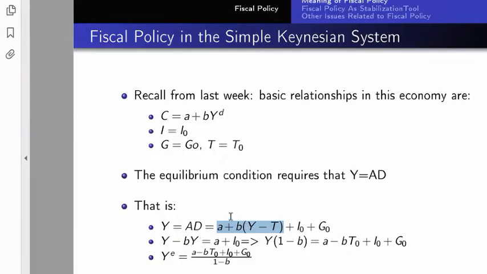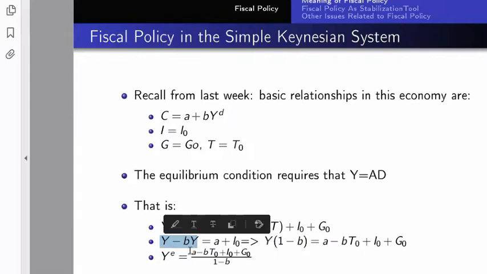So the right-hand side will be left with a minus bT naught plus I naught plus G naught. Now, for this left-hand side, we can write Y and take it out of the brackets so that it will be left with Y into bracket 1 minus b.